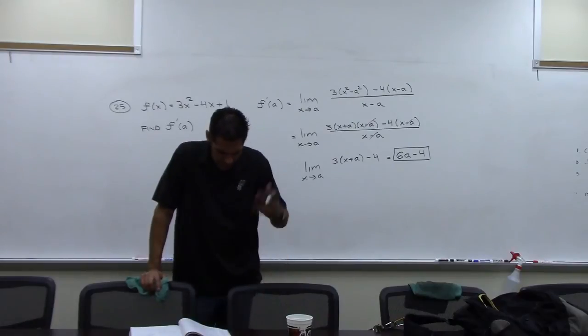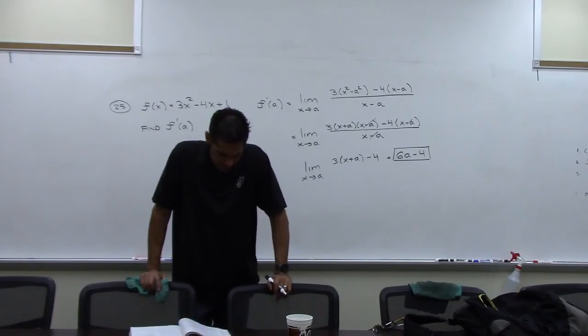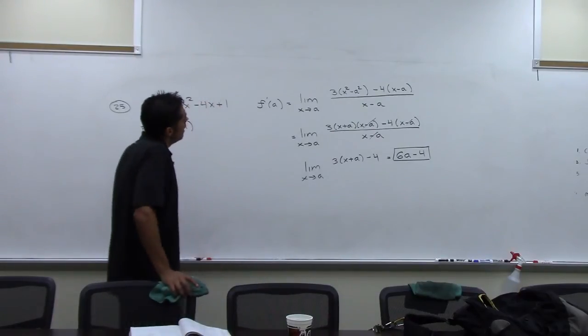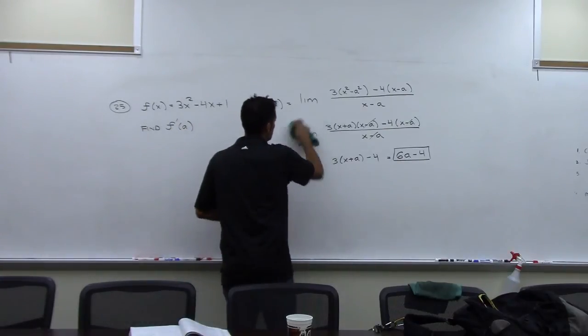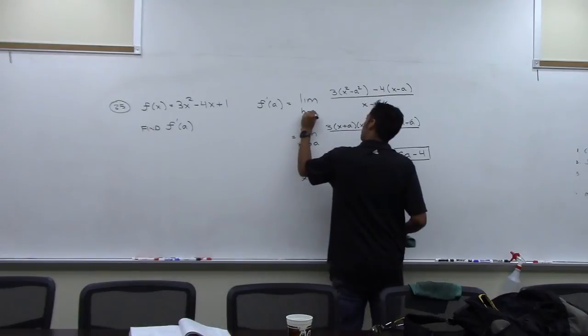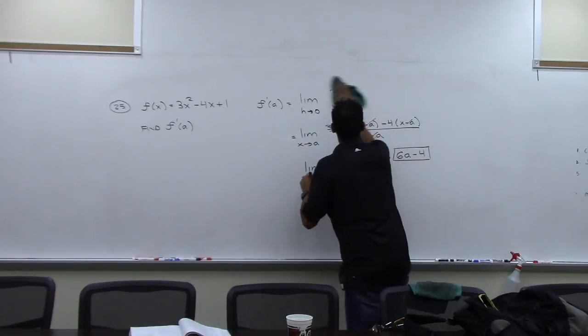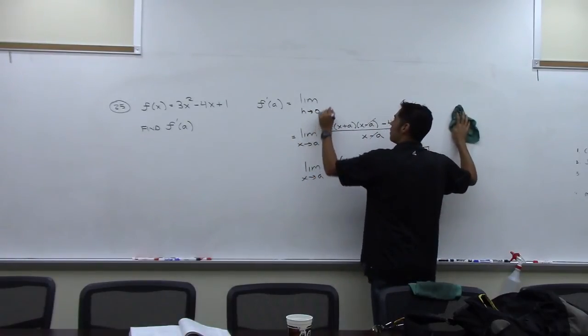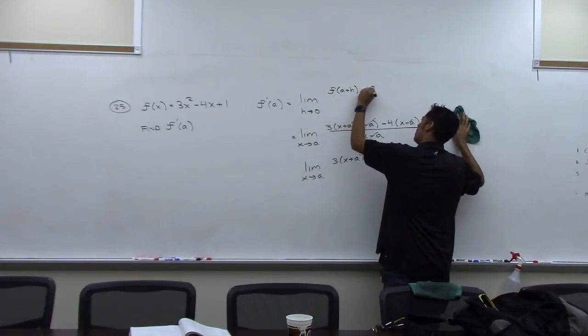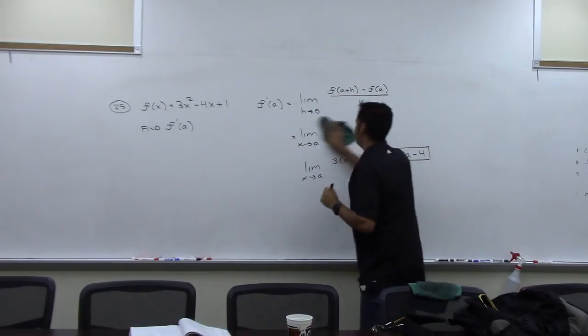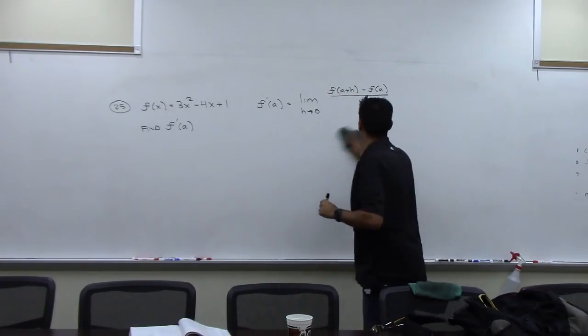You should try 26 on your own. Well, you know what? I think what I'd like to do is I'd like to do this problem with the other formula just to illustrate the difference. If I do the other formula instead, then this would have been f of a plus h minus f of a all over h. So let's see if this one would have been any easier.